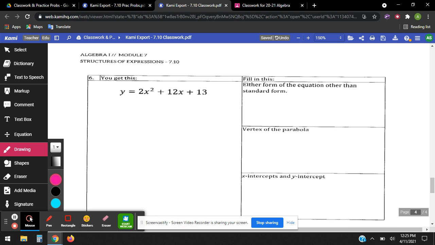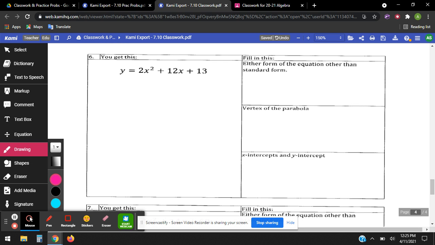Okay. This one, number 6. You get this format. All right, so I already have standard, vertex or factored. Well, this one, I'm looking here and seeing that 2 does not go into 13 evenly. So my guess is I'm not going to be able to factor this out very nicely.